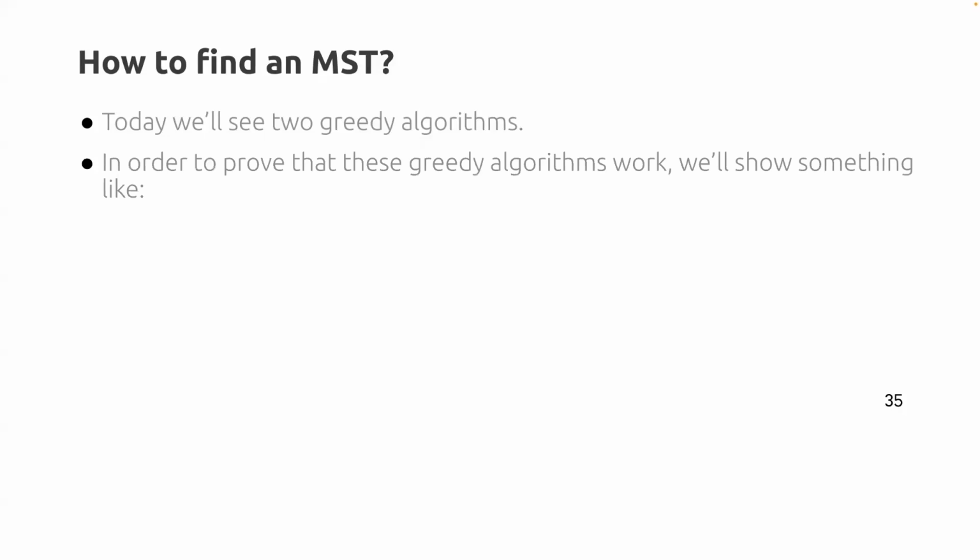Yeah, cool. So the goal of the class is how do we find a minimal spanning tree? We're going to see 2 greedy algorithms. So we're still in the greedy section. Turns out both of these algorithms are greedy. And in order to prove that the greedy algorithms work, we're going to show this. Suppose that our choices so far are consistent with an MST.